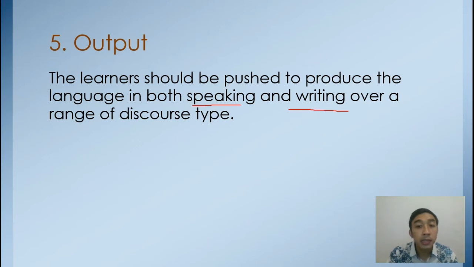They lack speaking and writing activities. They lack productive activity. They lack output activities. It must be balanced between input and output in learning language. And it also comes in the form of discourse types, which can be different contexts, different topics, or different categories.